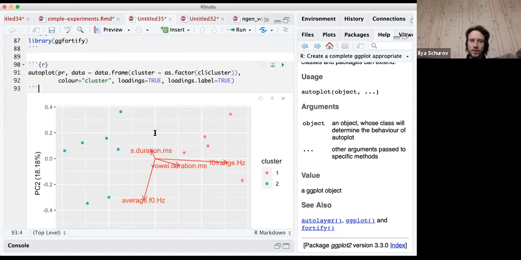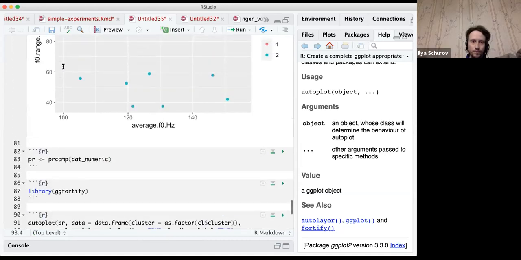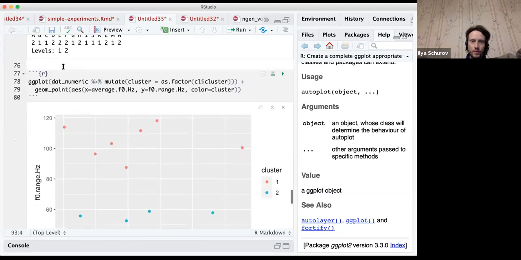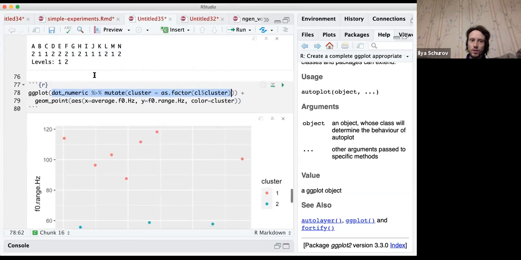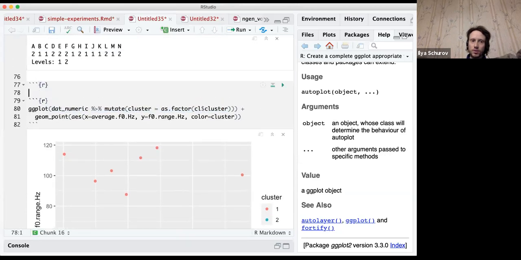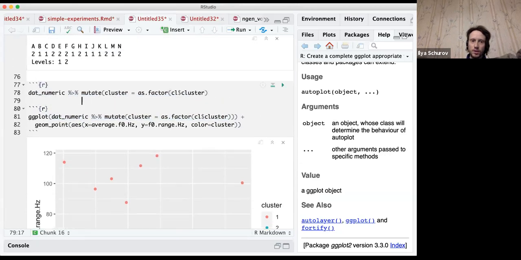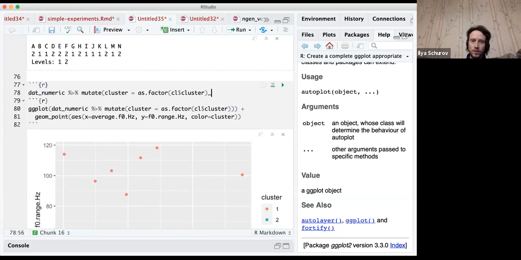Okay, so here in this picture I just used these columns, and I added a new column to my initial data set. In this column we have information about which cluster each object is assigned to. So we can just look at this new data frame.